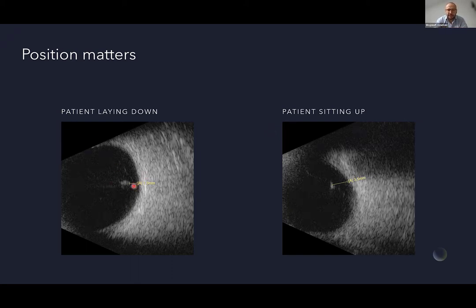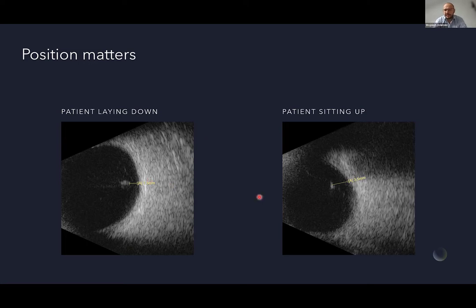And this is one of my first patients, and I started doing ultrasound in a lying down position. I noticed that the floater is quite close to the retina, 1.5 millimeters.